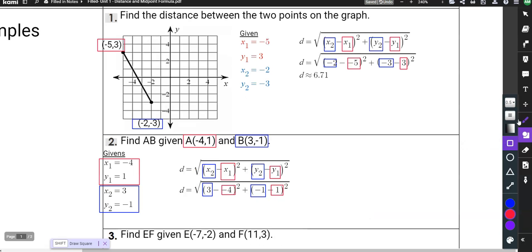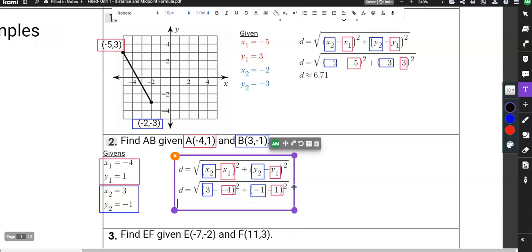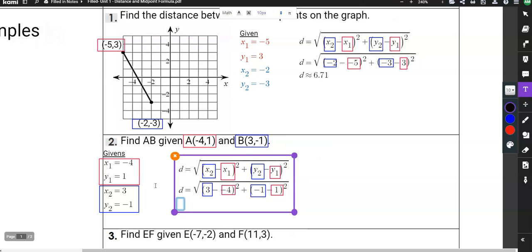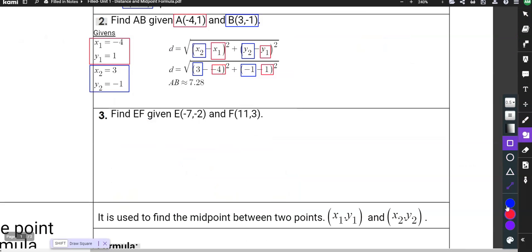So the distance between point A and point B, or the length of AB, is approximately 7.28.